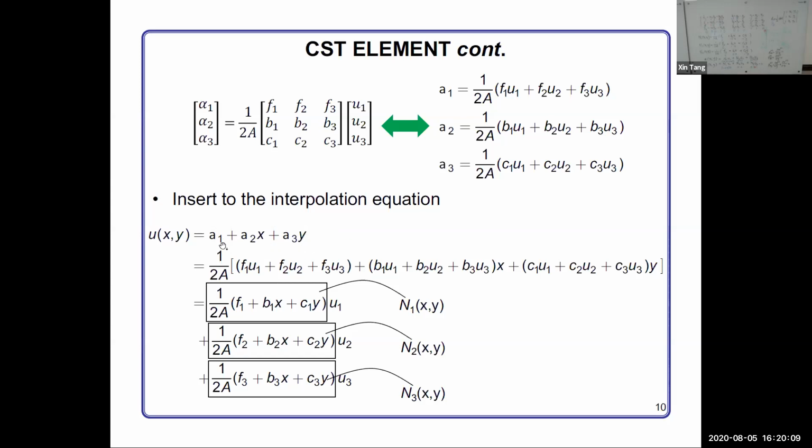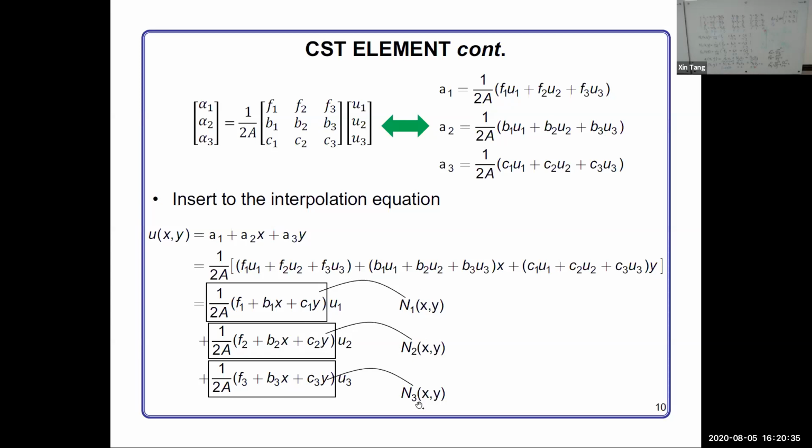Now, after we put these alpha functions in, we can solve this equation and extract u1, u2, u3 into the 3 terms, and then put the x and y continuous functions in front of them. So these 3 equations, respectively, are N1, N2, N3. They are functions of the x and y variables.